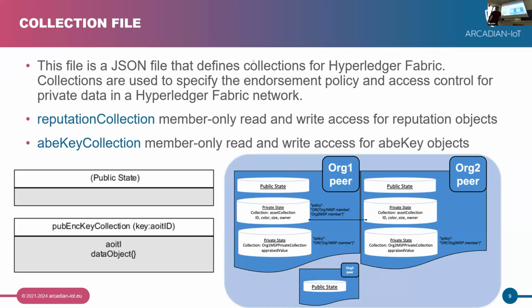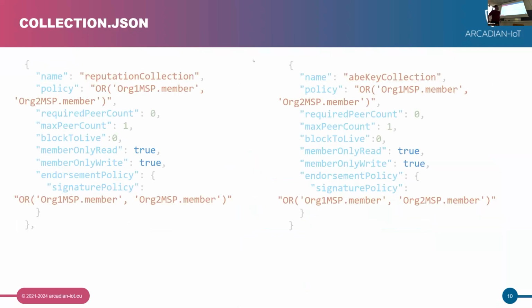We will see later a test, so we can see what is stored on the blockchain and what isn't. And this is a schema for the collection we will see now. This is the collection JSON. As we can see, we have two objects, the reputation and the ABI collections.